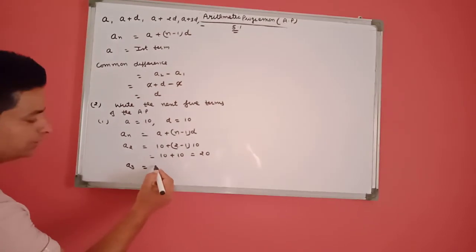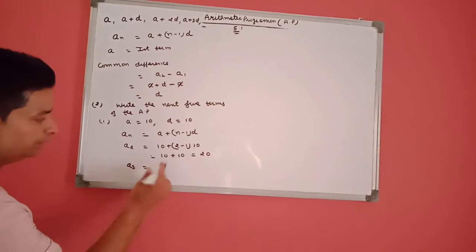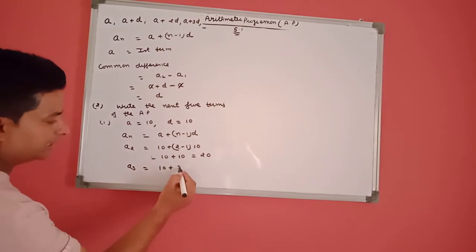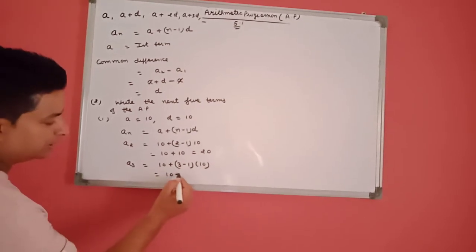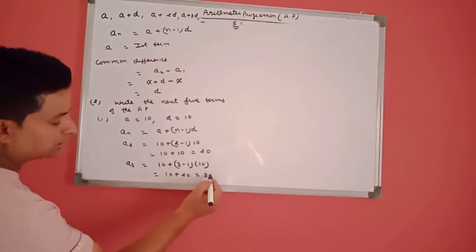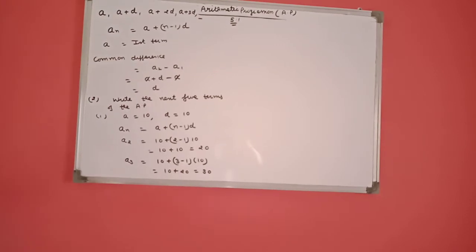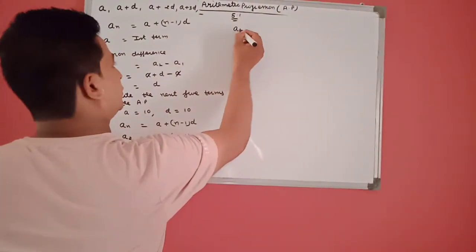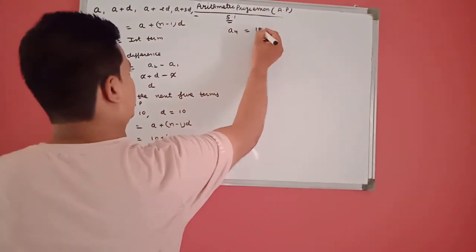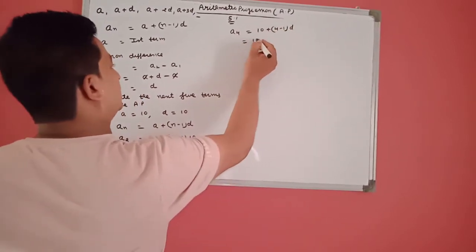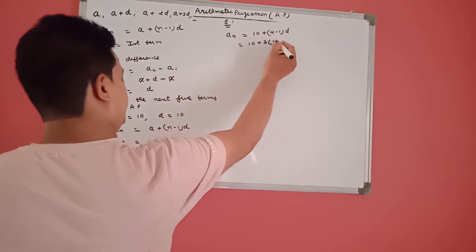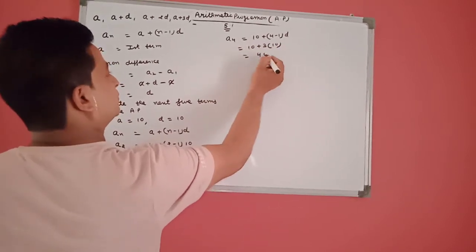When we put n equal to 3, a is 10, n is 3, d is also 10: 10 plus 20, this is 30. The third term is 30. When we put n equal to 4, 10 plus (4 minus 1) into d, 10 plus 3 into 10, this is 40.